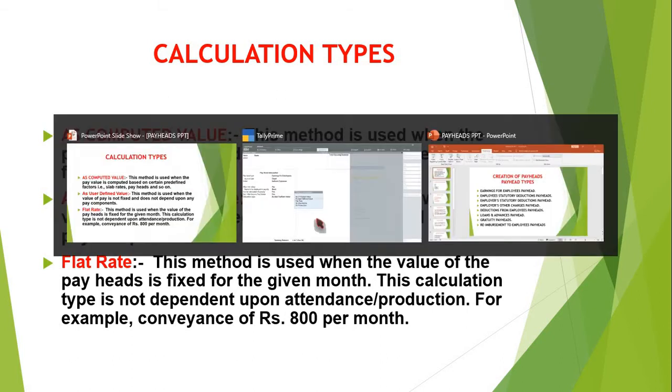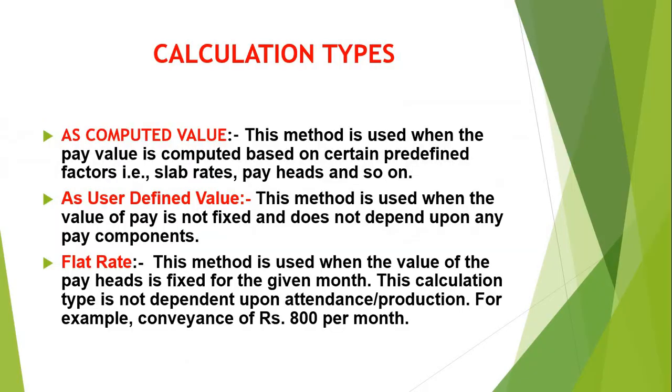Flat rate. See here, flat rate means fixed rate. This method is used when the value of the pay head is fixed for the given month. This calculation type does not depend upon attendance or production. For example, conveyance of rupees 800 per month. So that is the fixed rate.